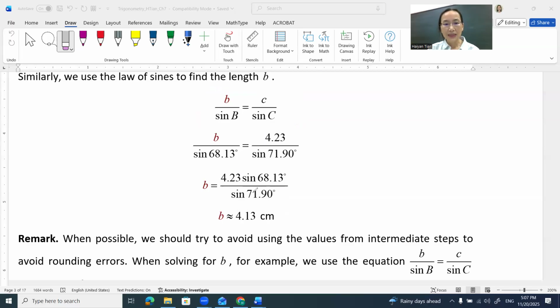By solving this, you just use your calculator, you get this number times 4.23 divided by another number, which is sine 71.90 degrees. Then it's approximately 4.13 for B.